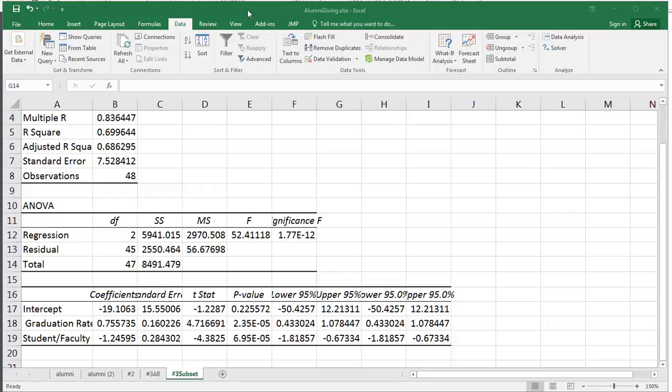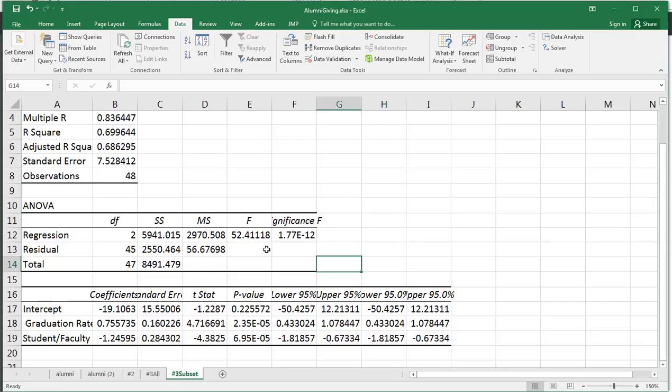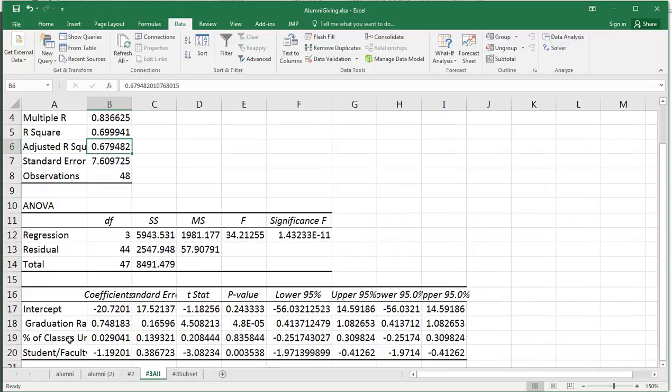Okay, before we move on to the next question, which is creating dummy variables, I want to go into a little more explanation as to why, when we looked at all of the three independent variables, percentage of classes under 20 was not statistically significant, right?